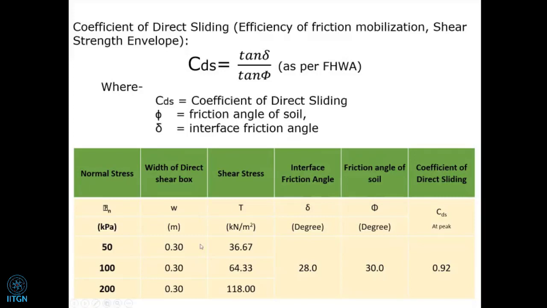Our width of direct shear box is 30 centimeter only. The shear stresses obtained under different normal stresses are different, 36 to 118 kilonewton per meter square. The interface friction angle obtained is 28 degrees, and the friction angle obtained for soil is 30 degrees. So dividing the tangents of these two, we got a value of 0.92 as the coefficient of direct sliding.